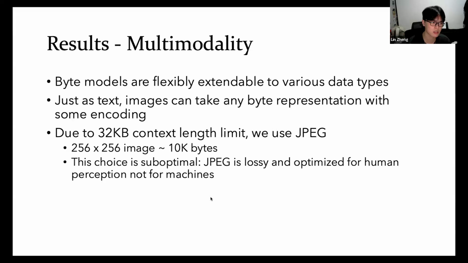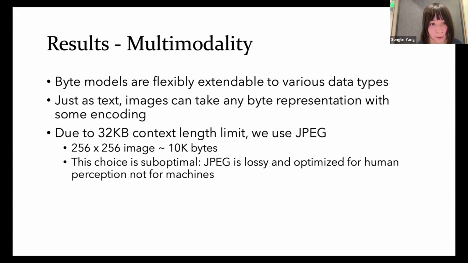If we compress the image too much, most of the structures, like statistical patterns, will be removed due to the entropy coding. In this case, the model could not learn very useful semantics from the encoded images. So there is a trade-off between efficiency, or the compression rate, and learnability, which is an active topic and problem in terms of byte models, and I believe there is very little work on that aspect. I hope this addresses this question.